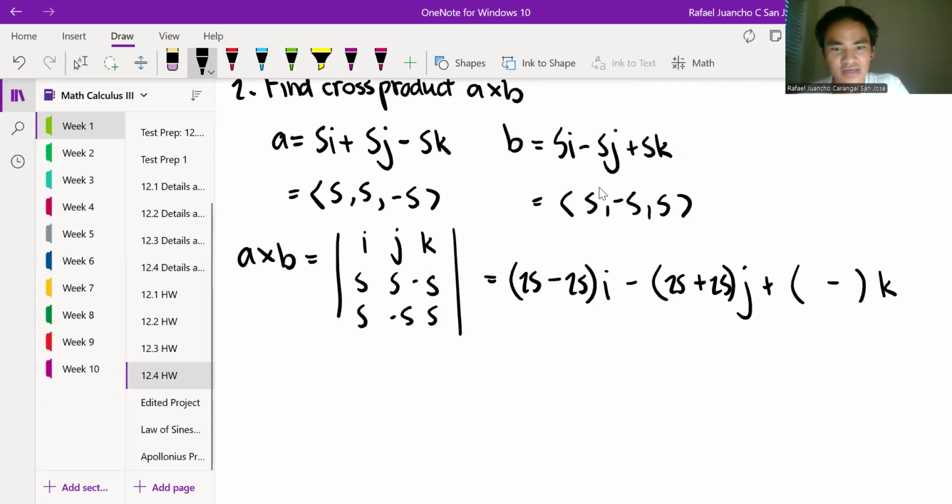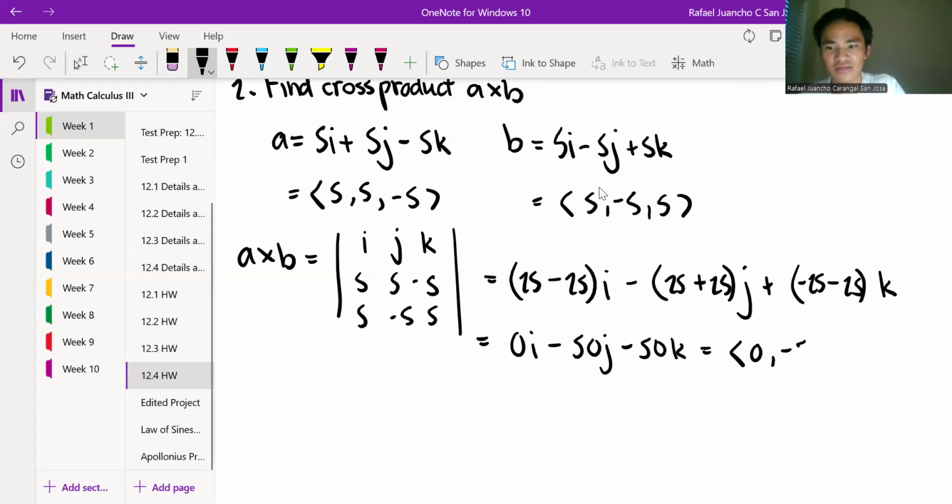And then for K, negative 25 and 25, so this is negative 50. So you have 0i minus 50j minus 50k. So this is 0, negative 50, negative 50. And we can check.